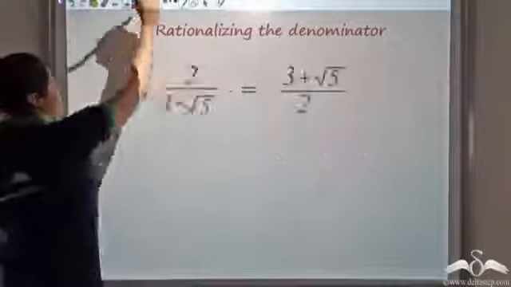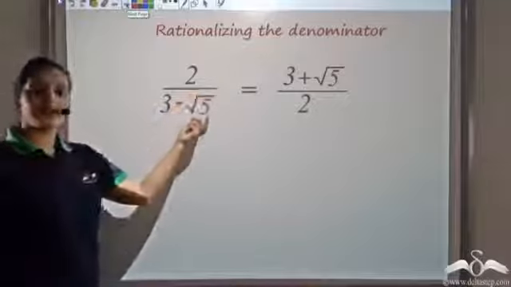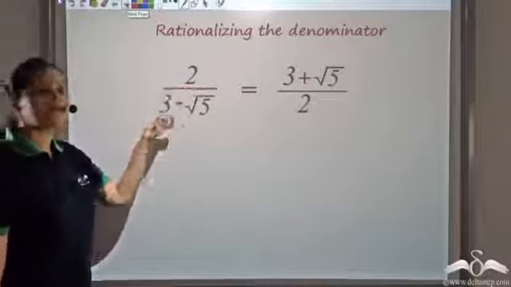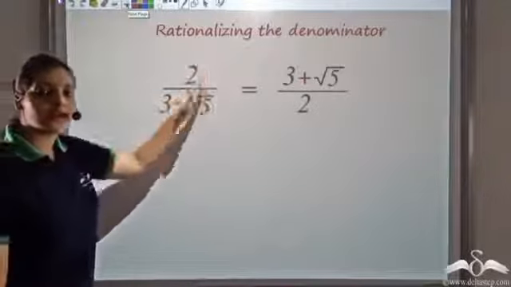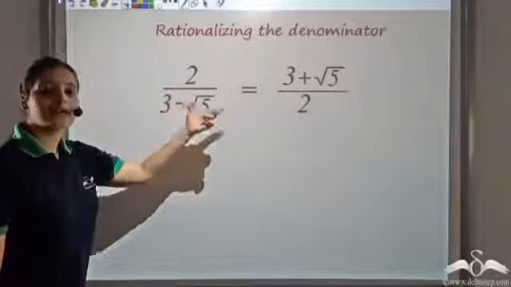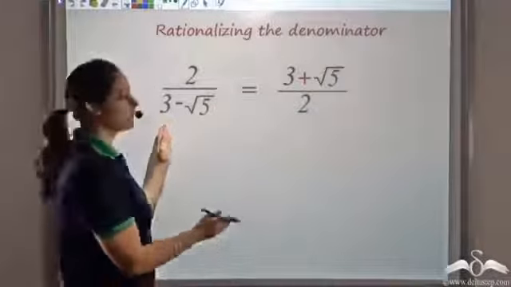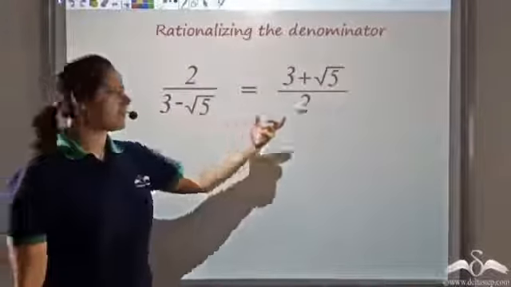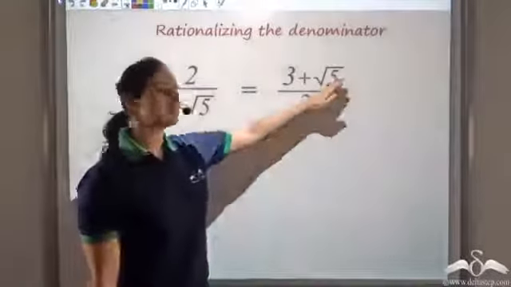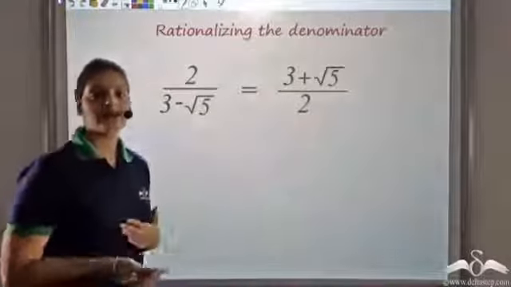Remember, we started with this number where the denominator had an irrational number. To bring this to the simplest form, all I need to do is remove the irrational number and make the denominator a rational number. So I converted it, and this is what I get. This number is equal to the original number, and this is the number in its simplest form. That's how I can rationalize my denominator.